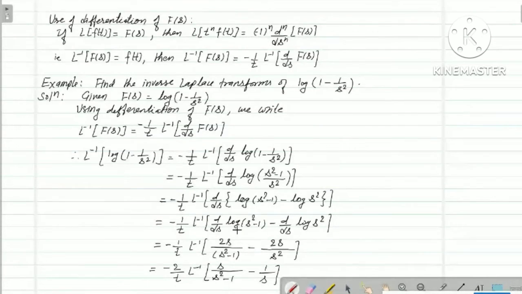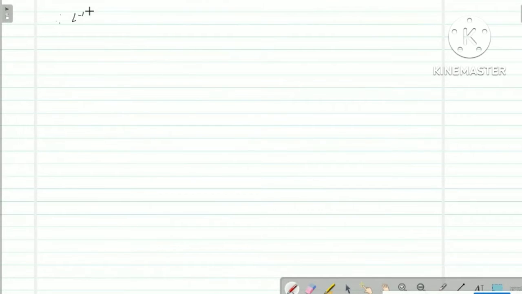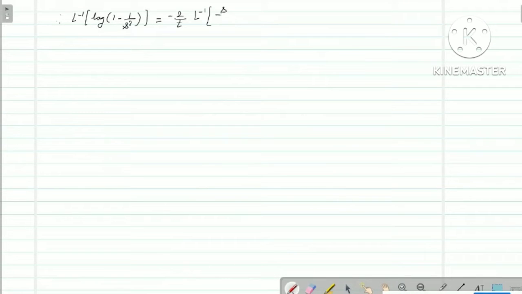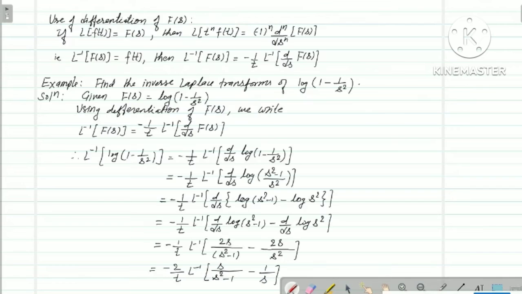Okay, now let us move to the next page, then we will apply the inverse inside the bracket. Therefore we write L inverse of log of 1 minus 1 by s square for the left hand side, and this equals minus 2 by t L inverse of, writing the last step once again, s upon s square minus 1 minus 1 upon s.